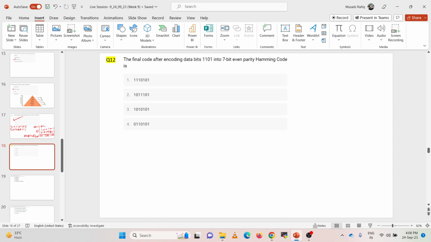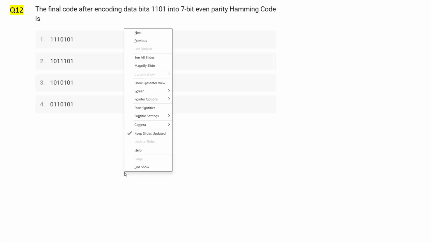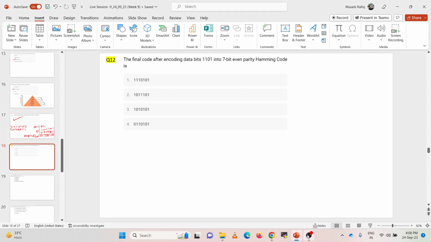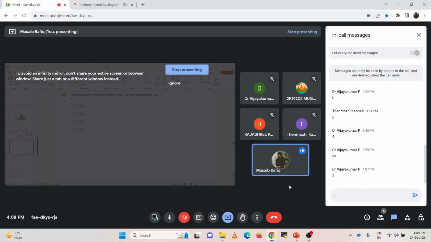My cursor got missing somewhere. Let's try. Okay, found it. So anyone else? Only one participant has so far done it. I expected all others to do it.